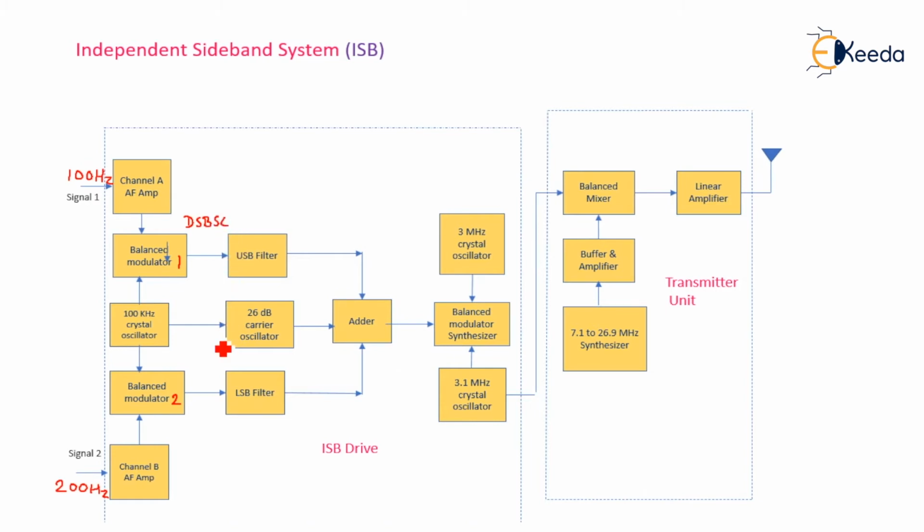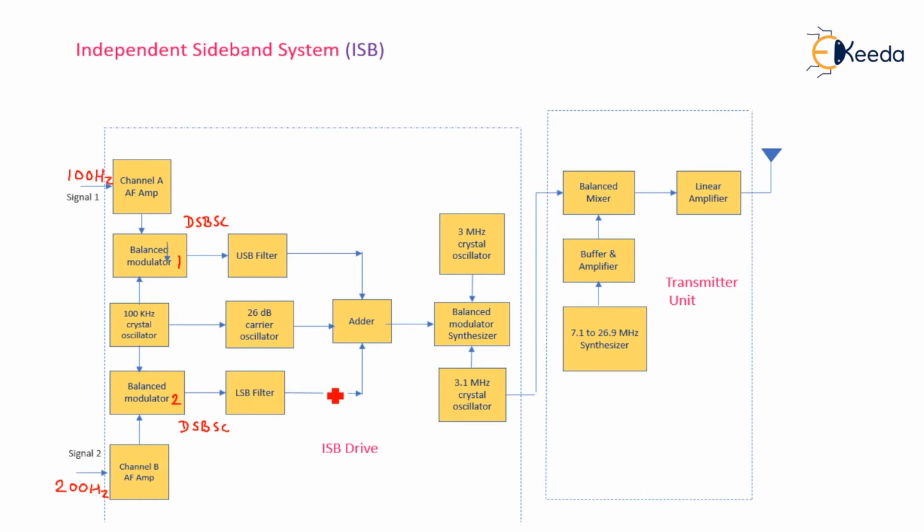Here also we are getting DSB SC output, and it is coupled to the USB filter, where the LSB will be heavily attenuated and only the USB will be allowed to pass through it. Here it is the opposite case to the upper one: the LSB filter allows the LSB to pass and the USB will be heavily attenuated.